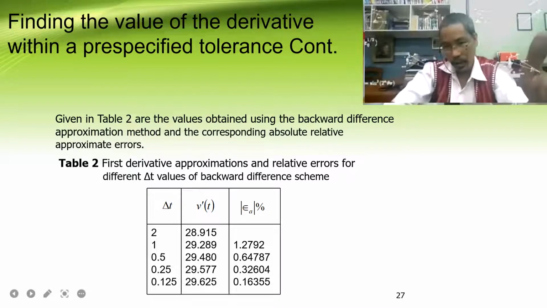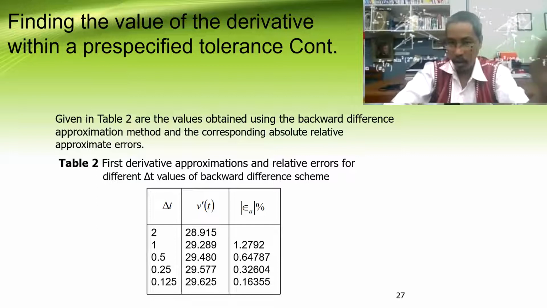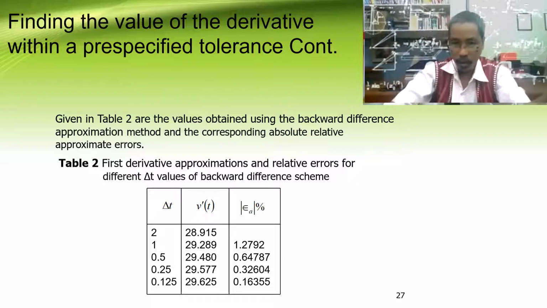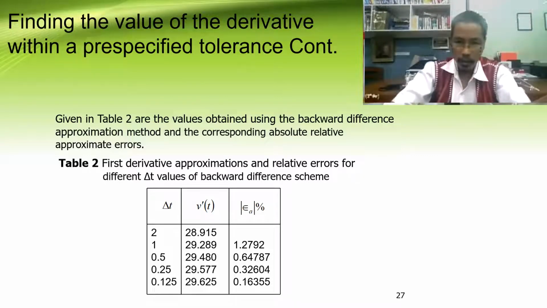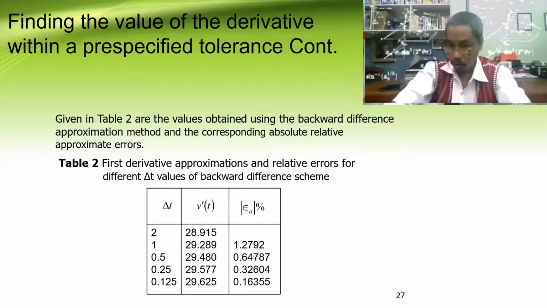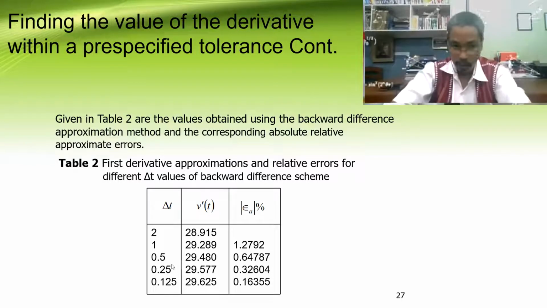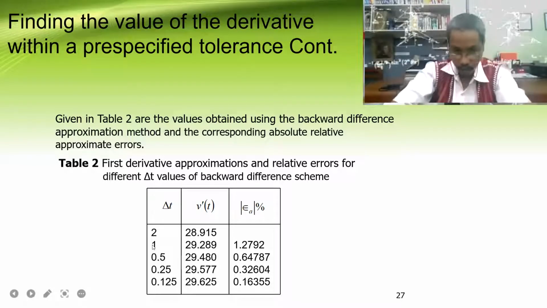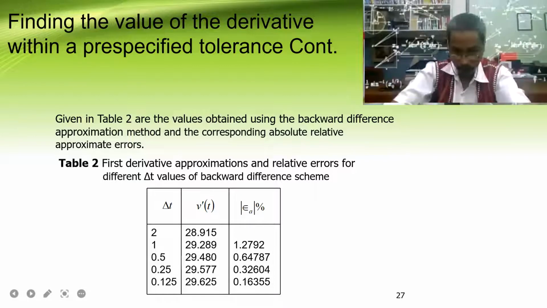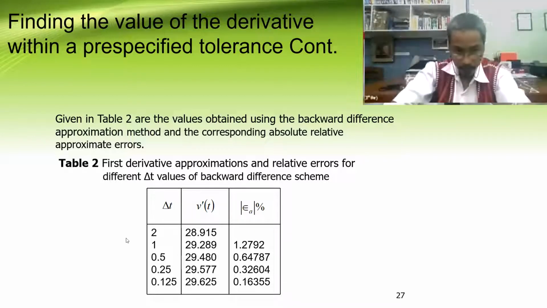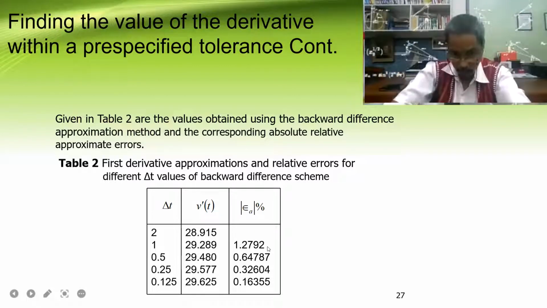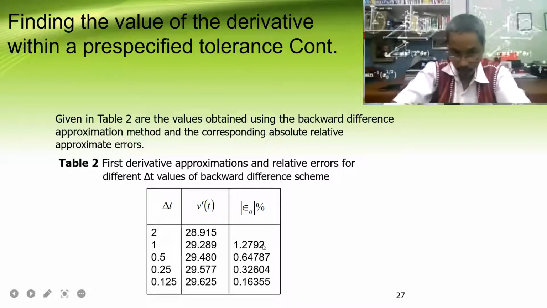Do these things, confirm this table, use our previous video as a pattern, use our example as a pattern, and try to do each and every one of these. What do you mean by each and every one? Use delta t of 1 second here. Confirm this result. Find the absolute true error.